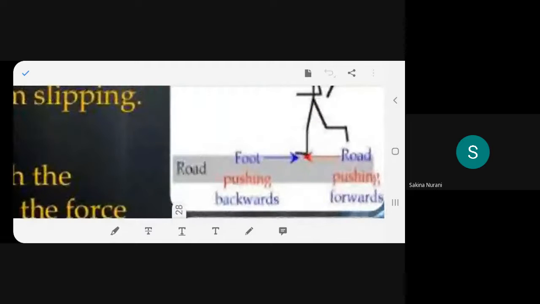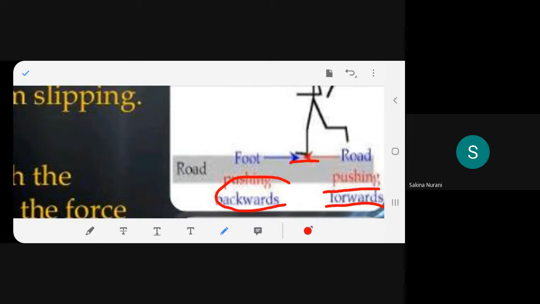You are running or moving, your foot is moving onto the road, right? You're pushing forward, your foot pushing backward. Got my point? You're moving forward on the road, but your foot is pushing the road backward. Got it?